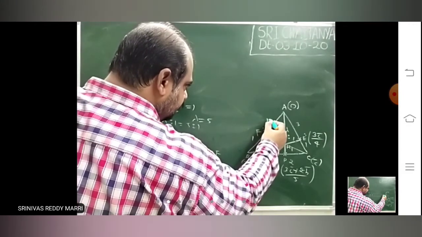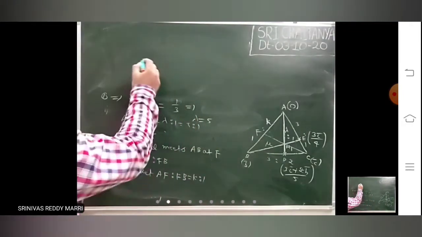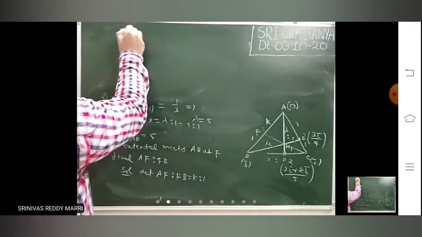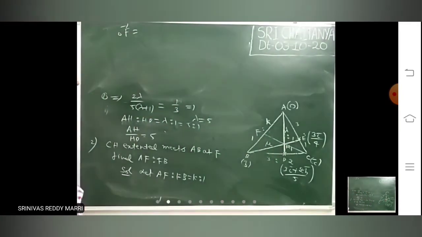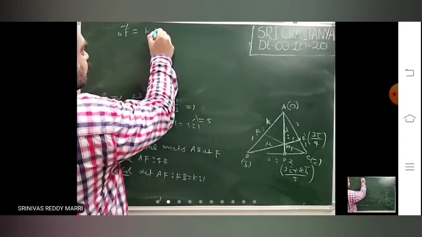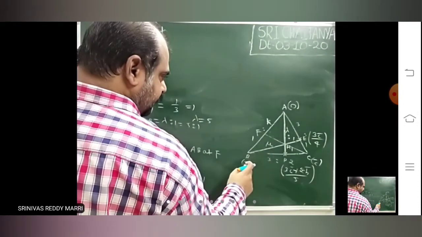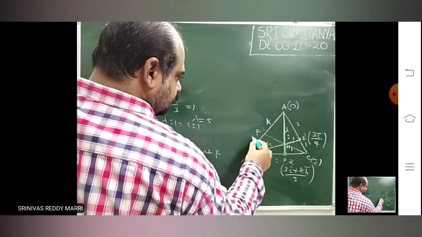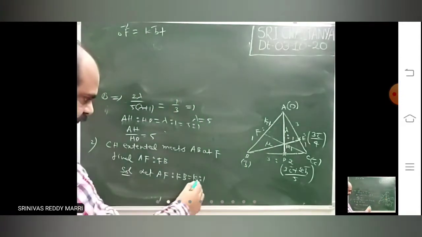So F I am writing, look at F. Therefore F point, OF bar is nothing but dividing in the ratio K is to 1: K into B bar plus, let us say K1, the other ratio also you have to take, K1 is to 1.